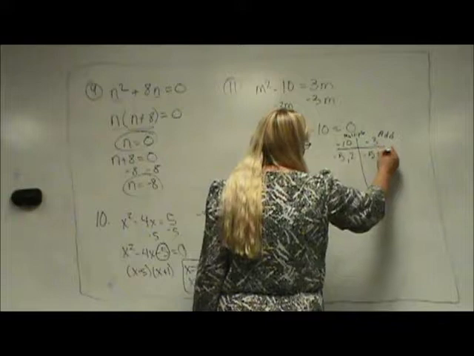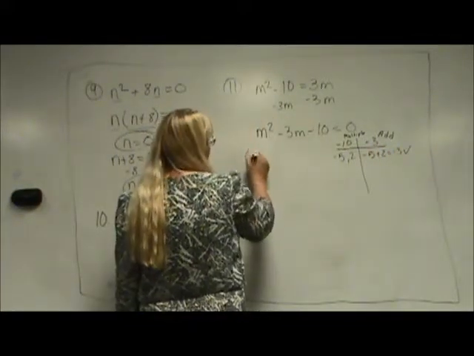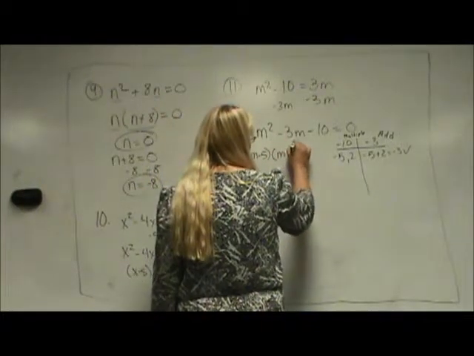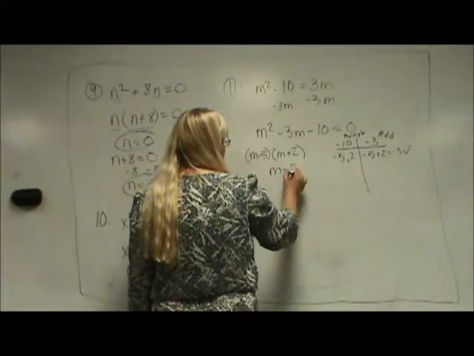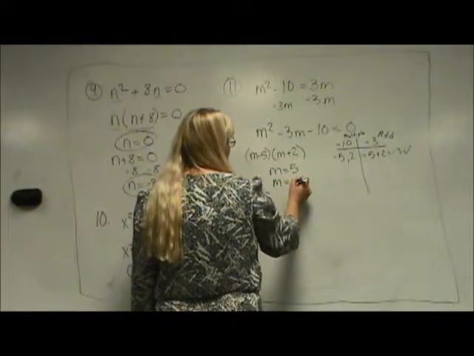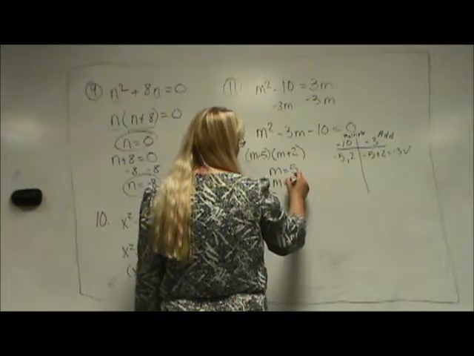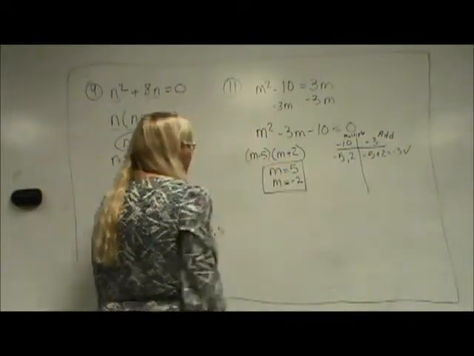Negative 5 plus 2 equals negative 3, so this is correct. And I'll have m minus 5 times m plus 2. And again, the signs just change when you solve it, as long as you have a 1 in front of your variable. Otherwise, you have to do a little more work. So these are my solutions.